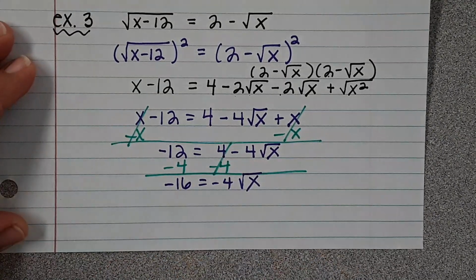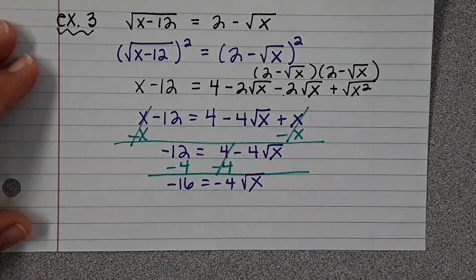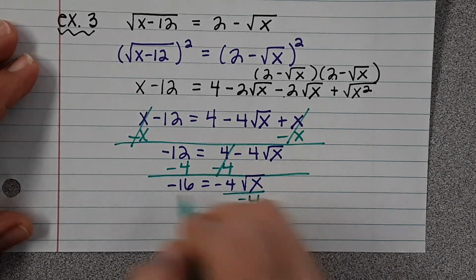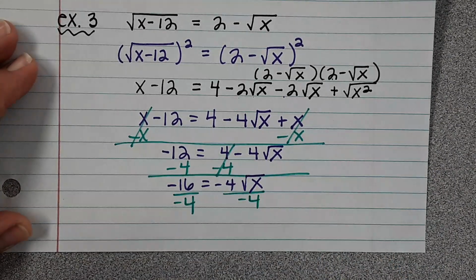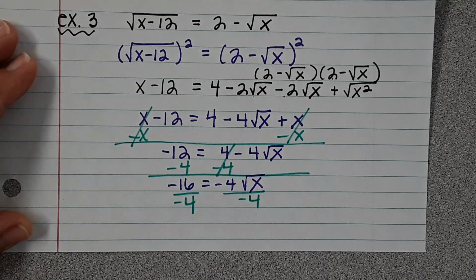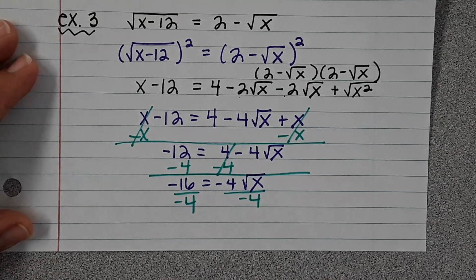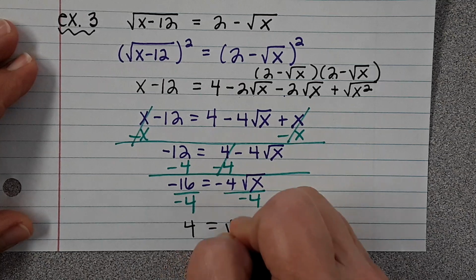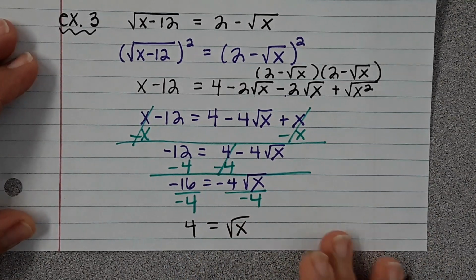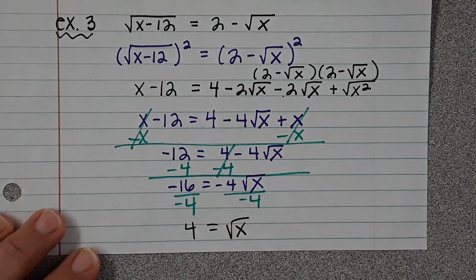Okay, we're going to divide by negative 4. And we're going to get what? 4 equals the square root of x. We finally got the square root by itself.